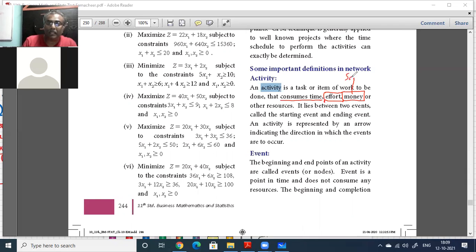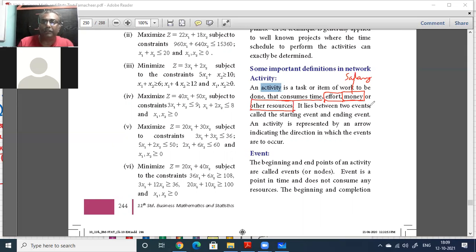Who will give him the salary for doing the programming? It costs money and other resources. Computer must be there, light and electricity must be there, software and hardware must be there. So many resources are required. When you have all these things, time, effort, money, and all the other resources needed, then an activity or task can be done.